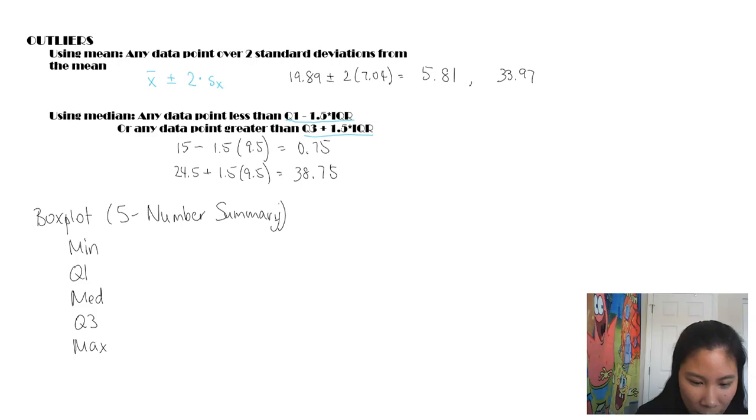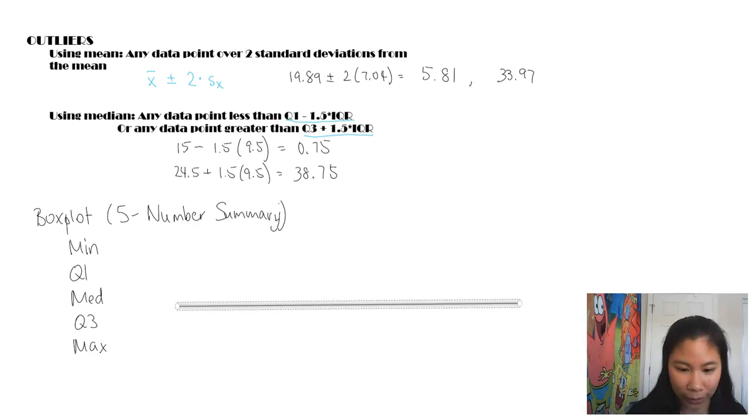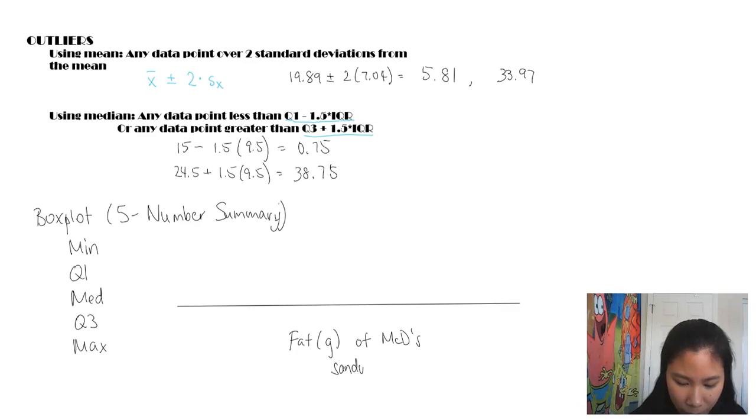And so when we make our box plot, we want to make sure that on our x-axis, we label it. So this was fat in grams of McDonald's sandwiches. Delicious. Okay, and so I'm going to do the box plot without the outlier.